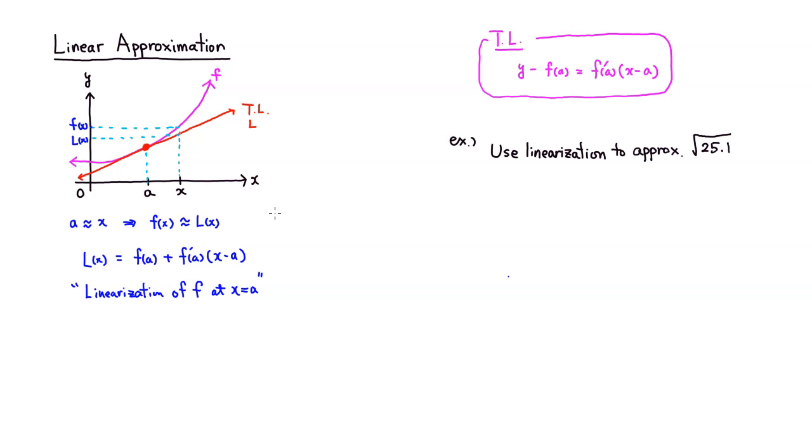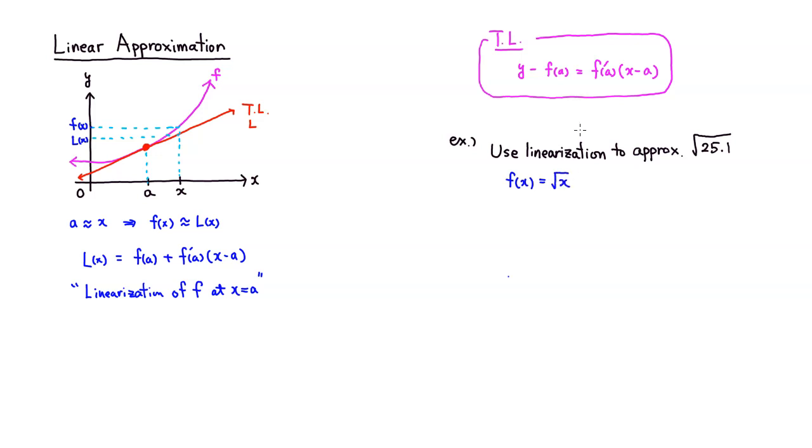But that's a fancy word for the tangent line equation at a. So how do we use this? Here's the following example. Let's use linearization to approximate the square root of 25.1. Since it's a square root, I'm going to use the square root of x as the function to work with.